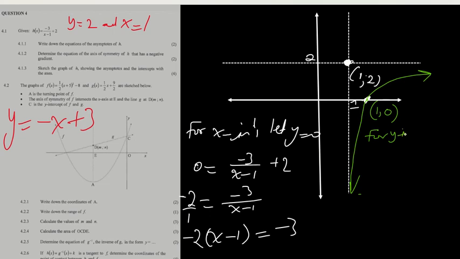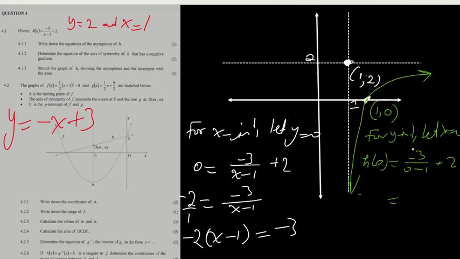For the y-intercept, you let x equal to 0. So I will have h of 0 equal to negative 3 over 0 minus 1 plus 2. Substituting 0, 0 minus 1 is minus 1.